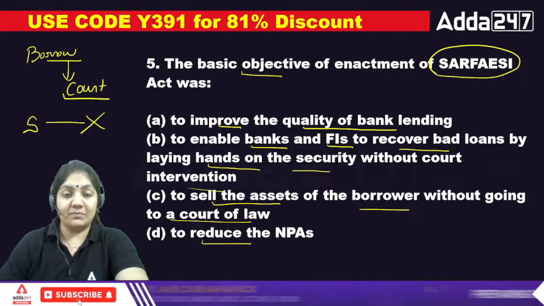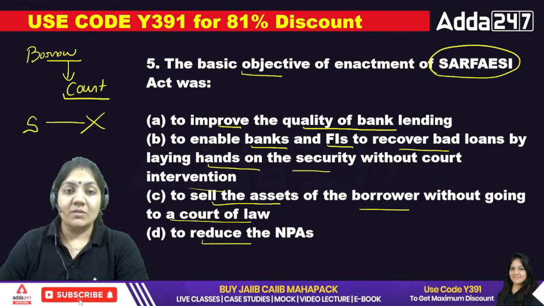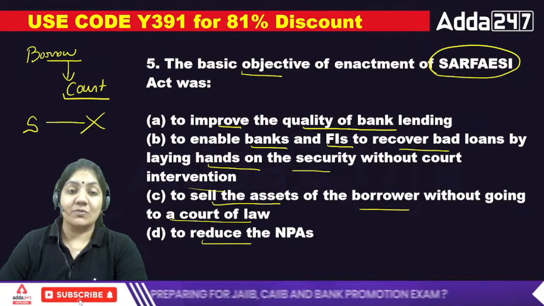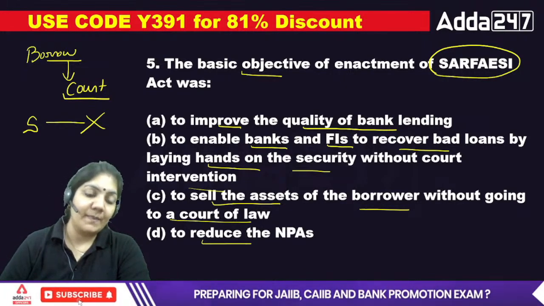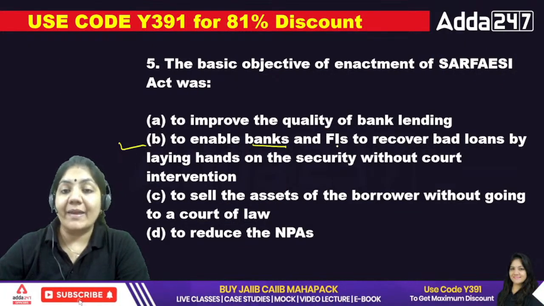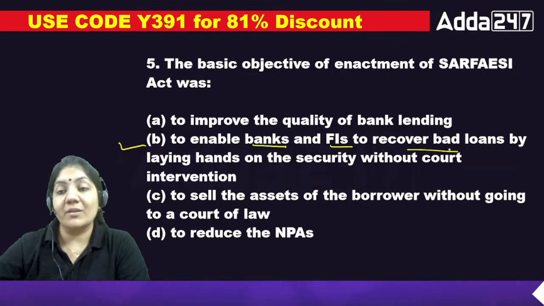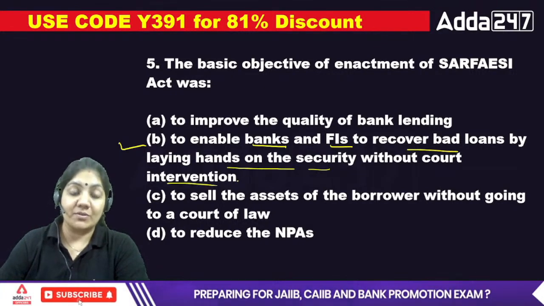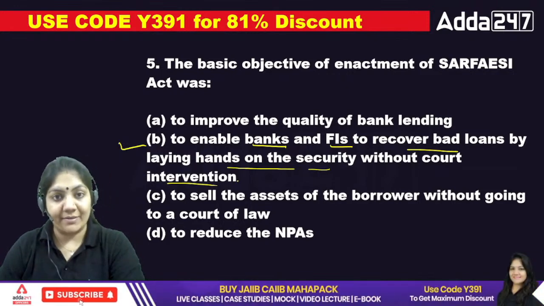So what is the exact answer? The basic objective of enactment of the SARFAESI Act was what? It is simple: to enable the bank and financial institution to recover the bad loan by laying hands on the security without court intervention. So for the fifth one, B is the right answer.